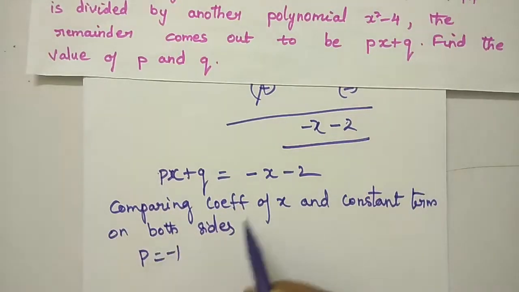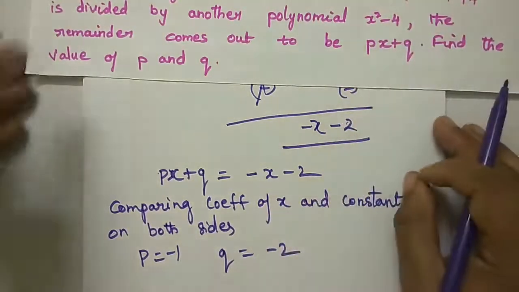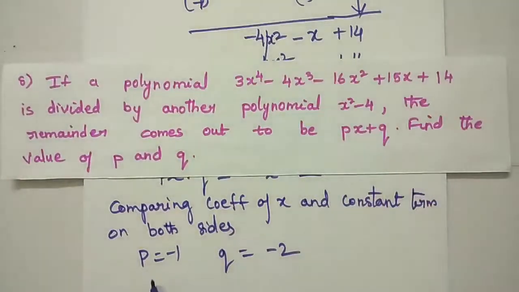So p is equal to minus 1. Here constant term is q and here it is minus 2. So q is equal to minus 2. So the values of p and q which they asked to find are p equal to minus 1, q is equal to minus 2.